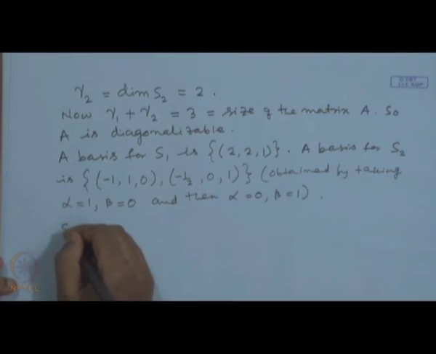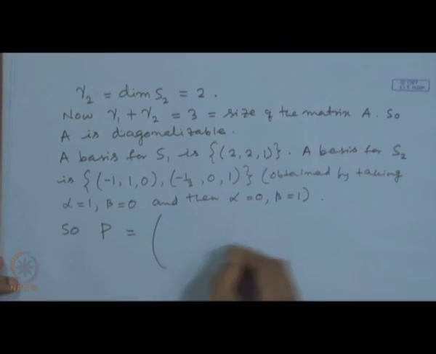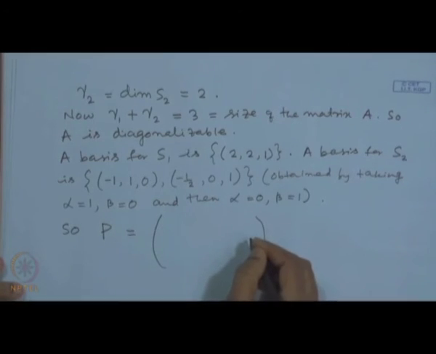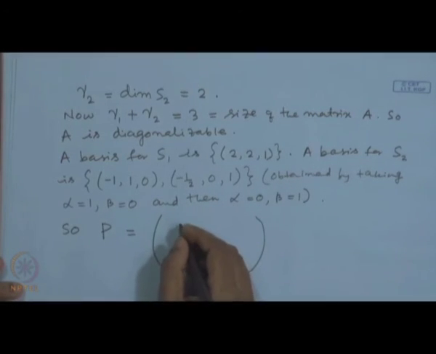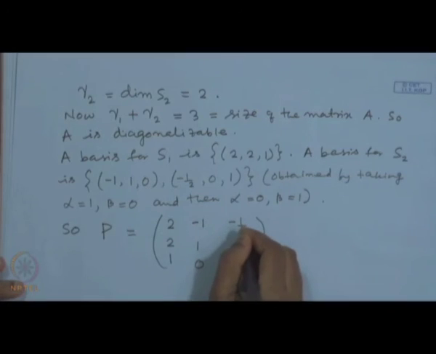Now this matrix P will be like this. We take the bases of S1 and S2 as columns of this matrix P. The first column will be the basis for S1, that is 2, 1, 1, and then we write the basis of S2, that is minus 1, 1, 0 and minus half, 0, 1.